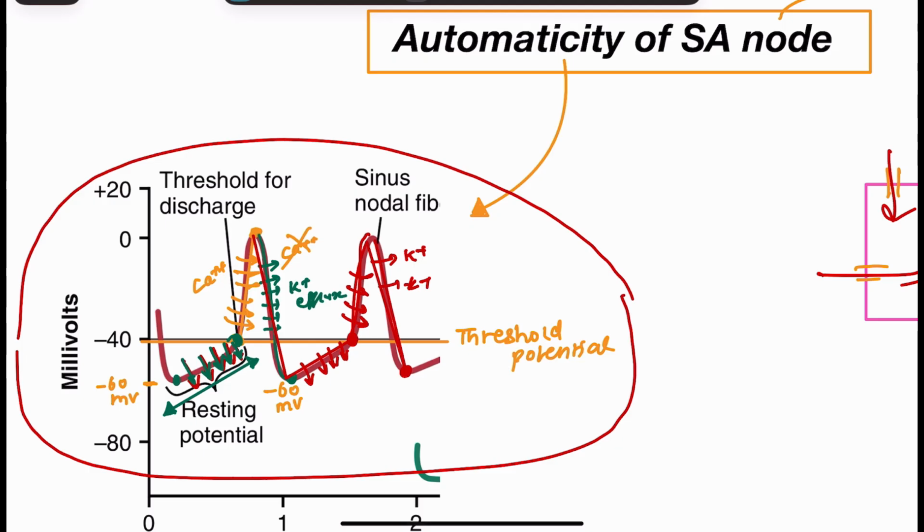And the opening of HCN channel is producing a current that is called the funny current. So this portion is considered as funny current, which is responsible for automaticity of SA node.